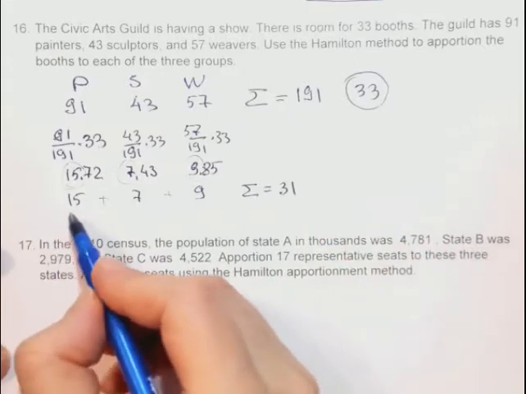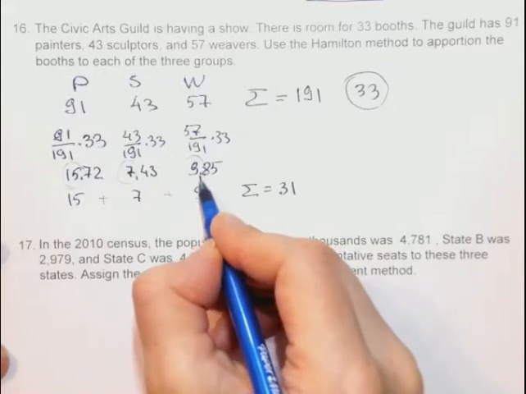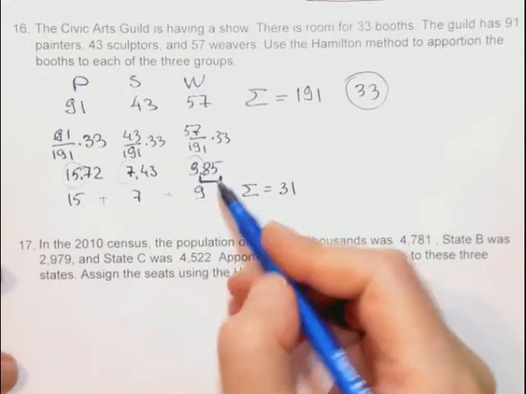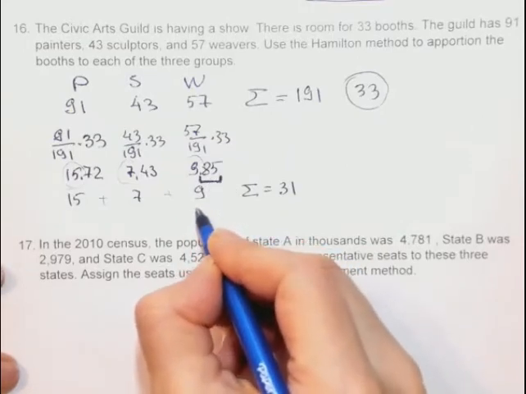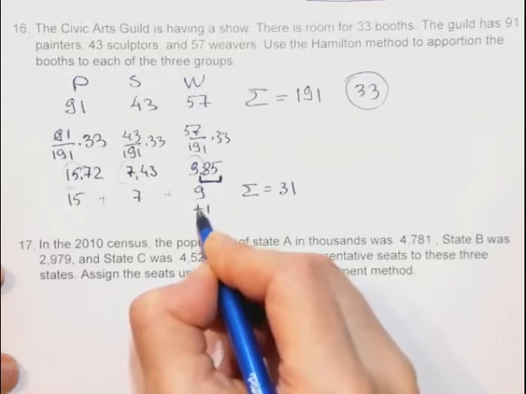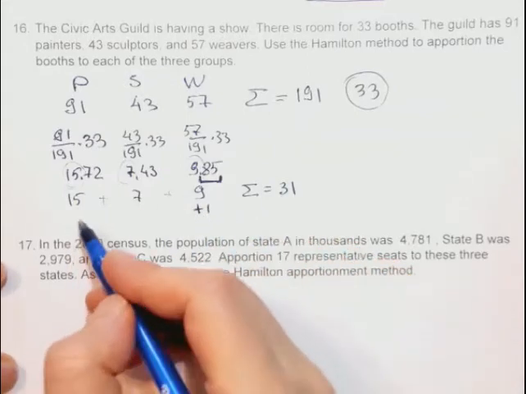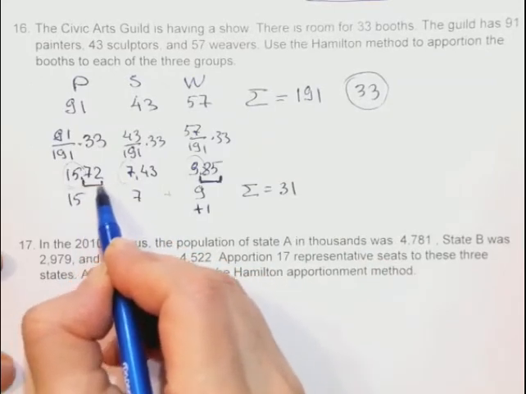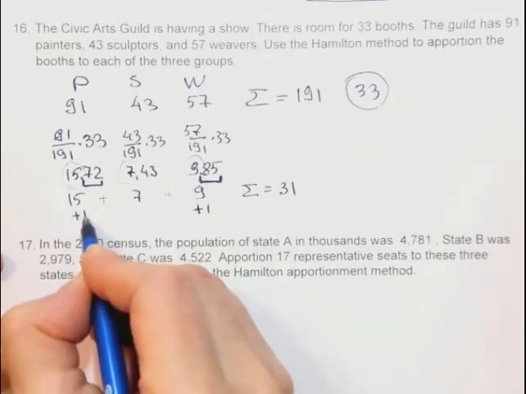So we have to apportion this 2 according to the largest fractional part. So the largest fractional part is 85. We add 1 to weavers, but we have 2 to apportion. So the second largest part is 72. We apportion 1 to painters.